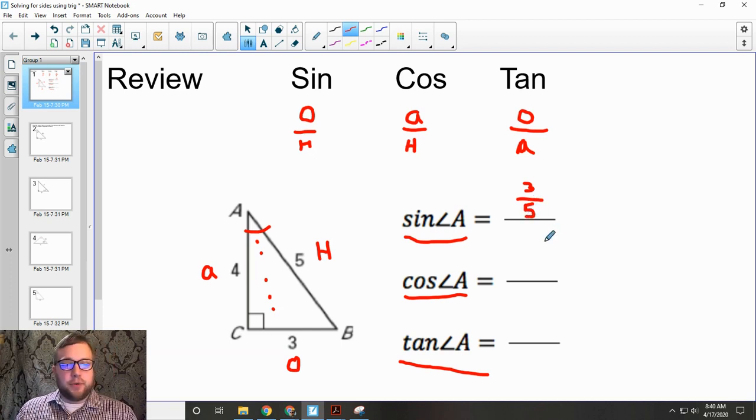Cosine is your adjacent, which is 4, over your hypotenuse, which is 5. And then you have your tangent, which is O over A. So O, which is 3, over 4. And there we go. I am all done.